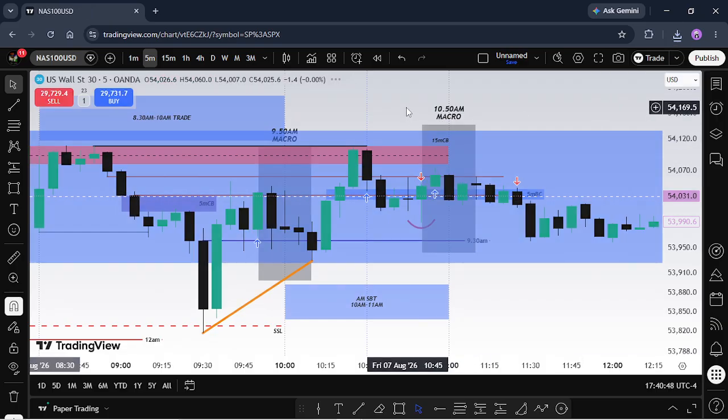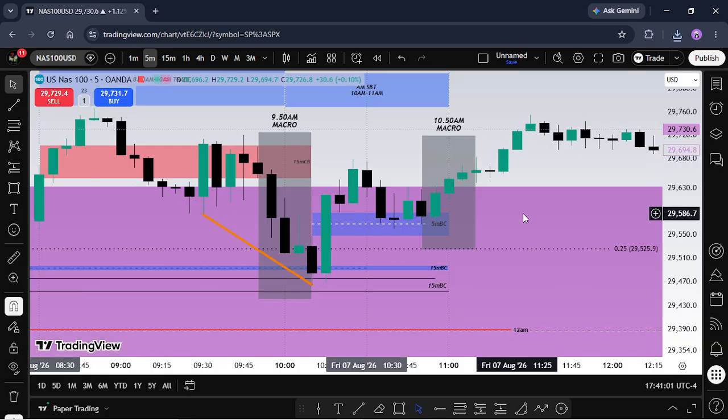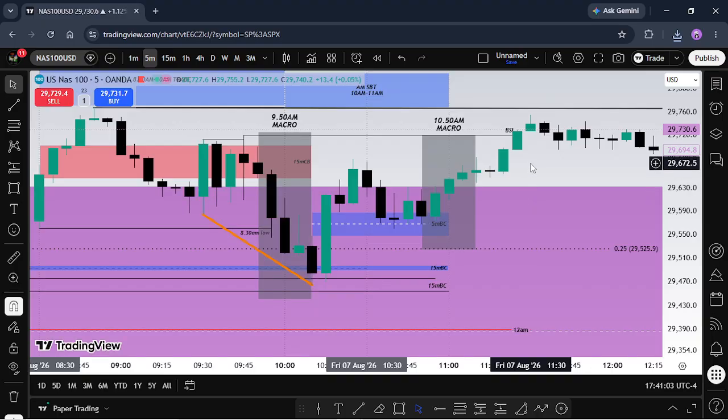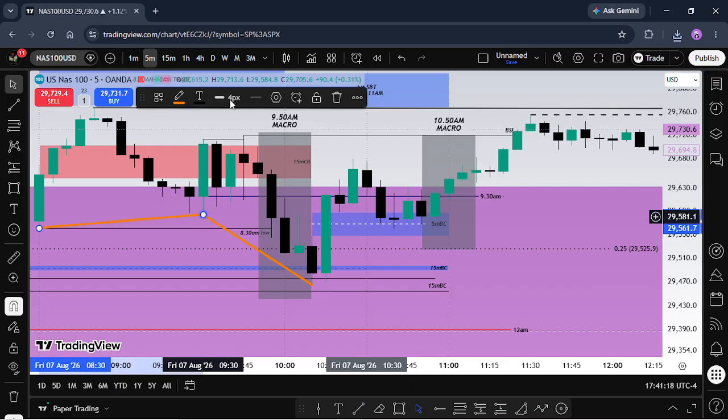So let's look at that. Interesting stuff. Let's look at the 8:30 to 9:30, right? I'm looking at significant times because, mind you, it's time and price, right?